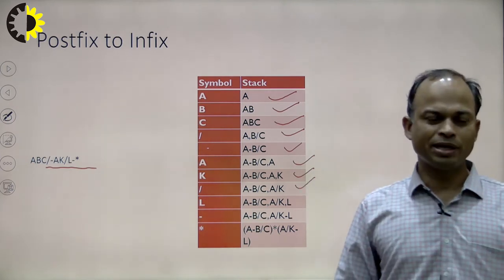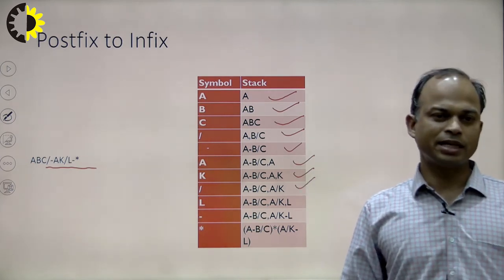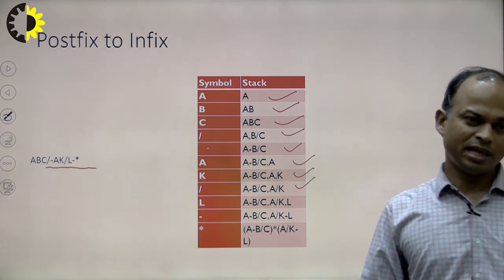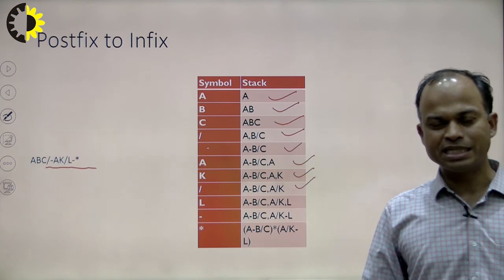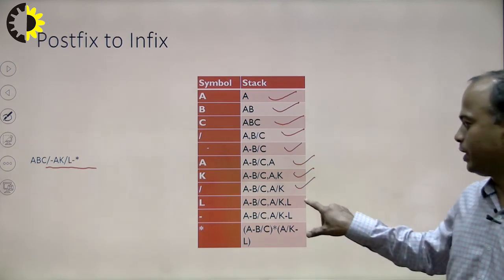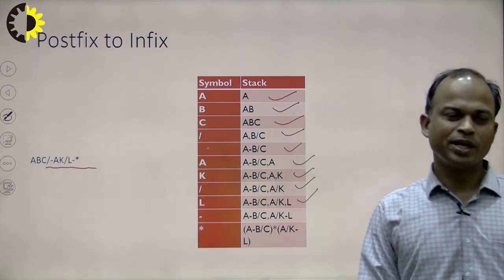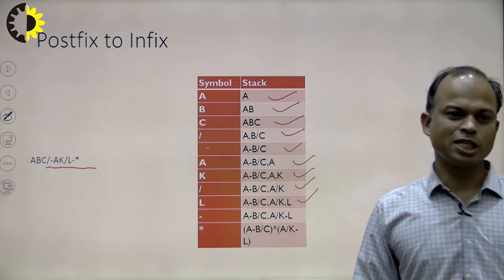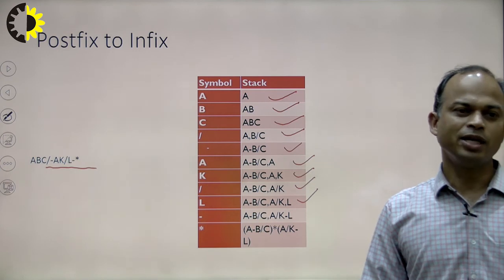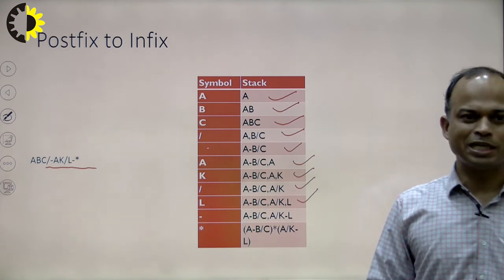Now the next character is l, and this l is pushed onto the stack because it is an operand. Now we have the next operator, minus, and this minus is applied onto the last two values of the stack.